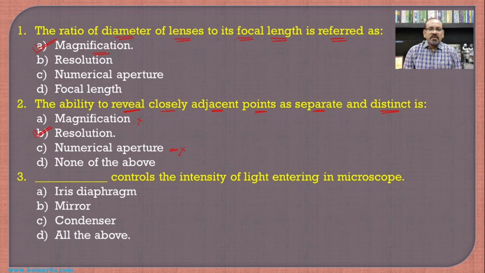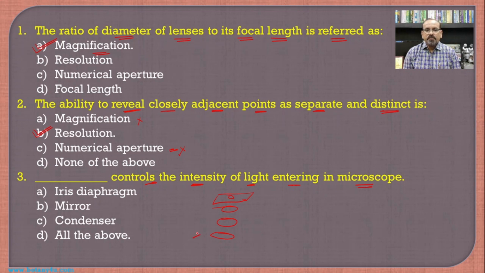Then question number 3: the blank space controls the intensity of light entering the microscope. If we see the simple or the light microscope, there is a mirror. Above the mirror, there is a diaphragm and then a condenser, above which we keep our plant or animal material, which is to be observed under the microscope.